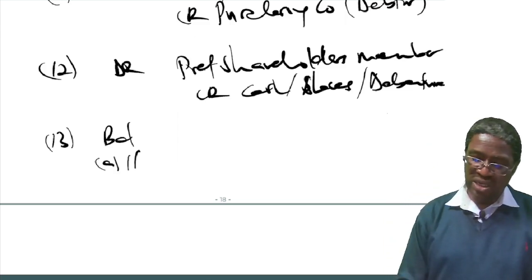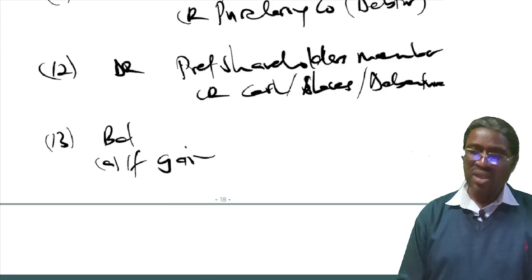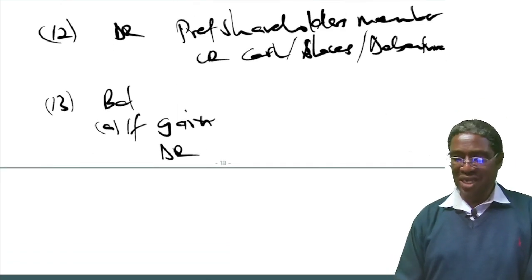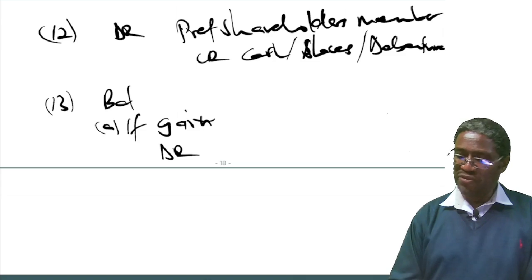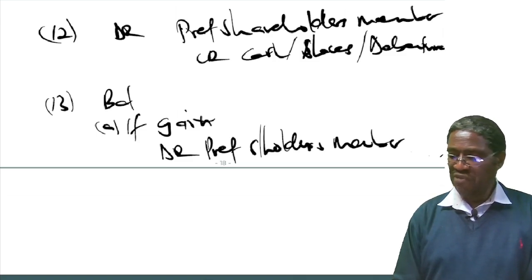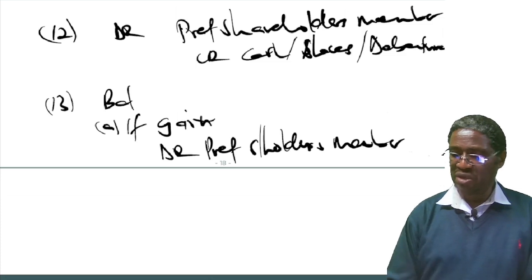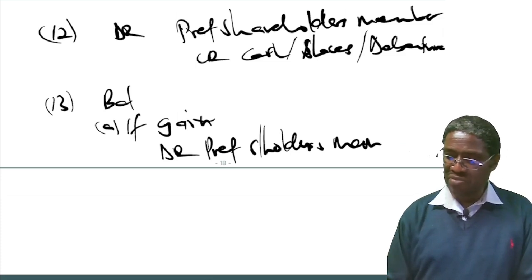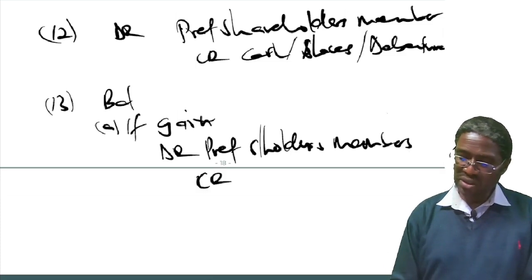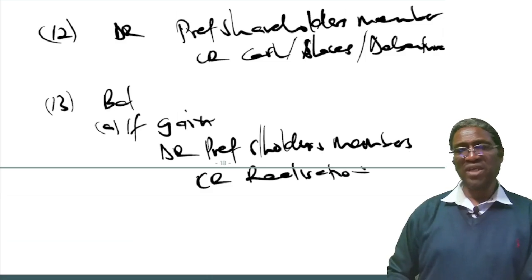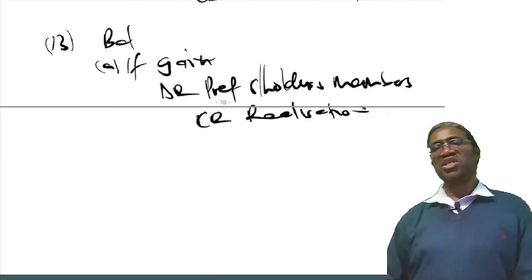Then you say number A, if gain, debit preference shareholders members, credit realization.